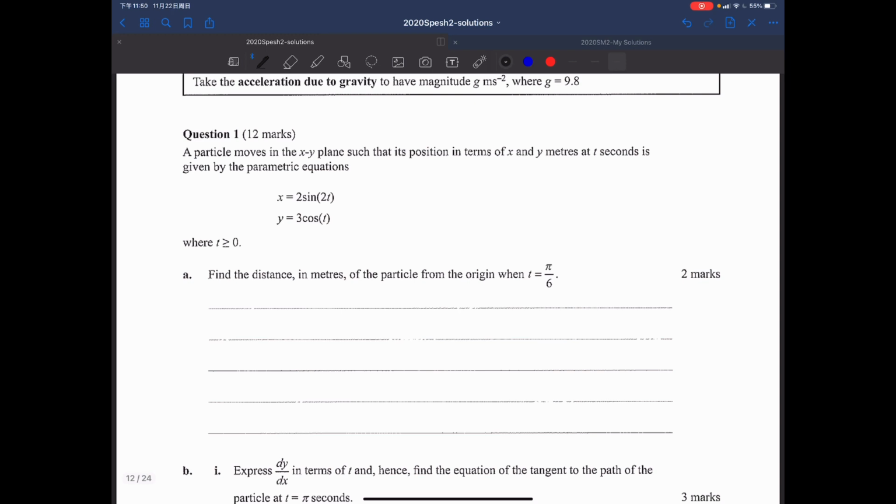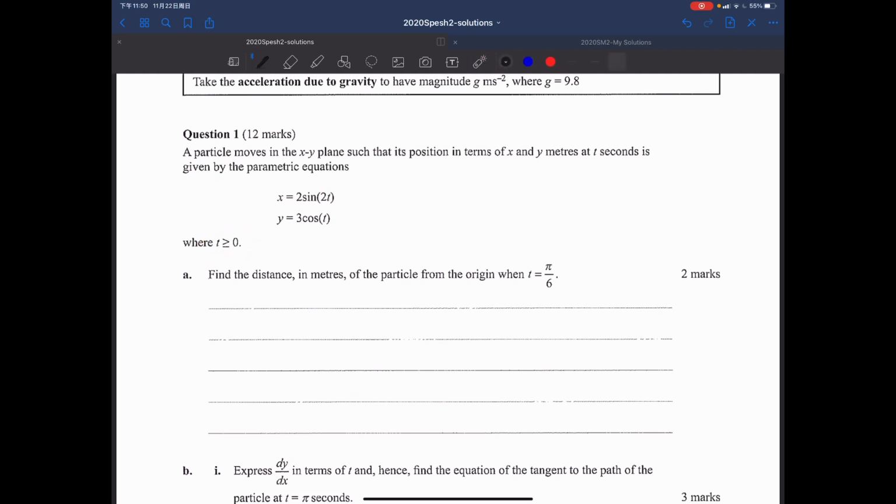Question 1, 12 marks. A particle moves in the xy plane such that its position in terms of x and y meters at t seconds is given by the parametric equations x equals 2 sine 2t and y equals 3 cosine t, where t is greater than or equal to 0.